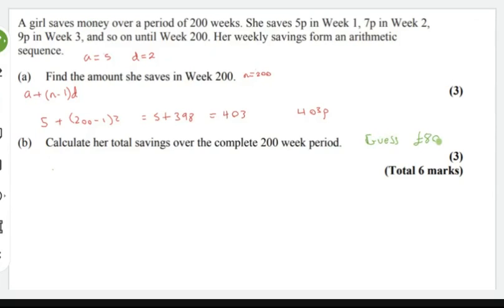N is still 200. A is 5, D is 2. So 200 over 2, 2 times 5, and then plus 199 times 2.